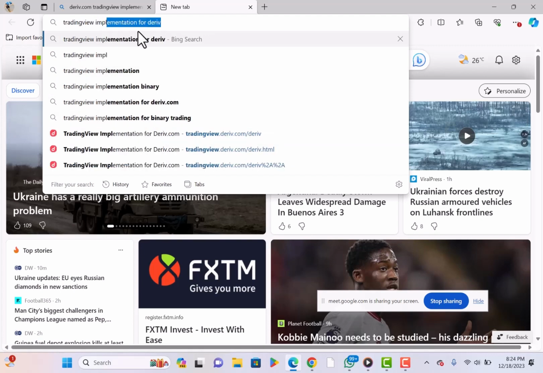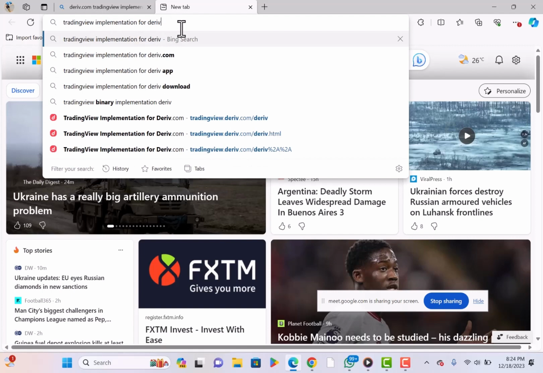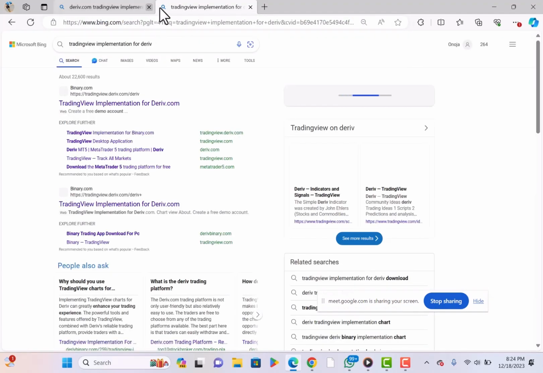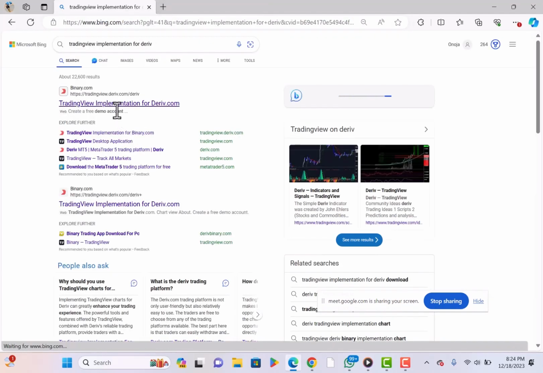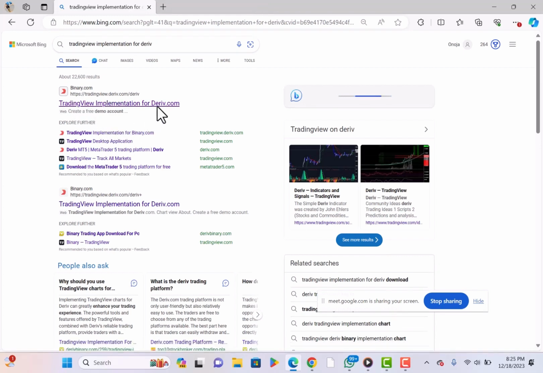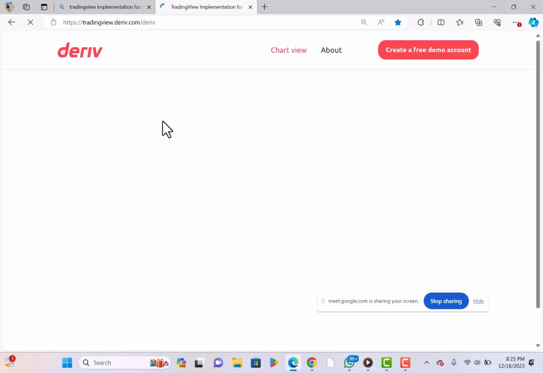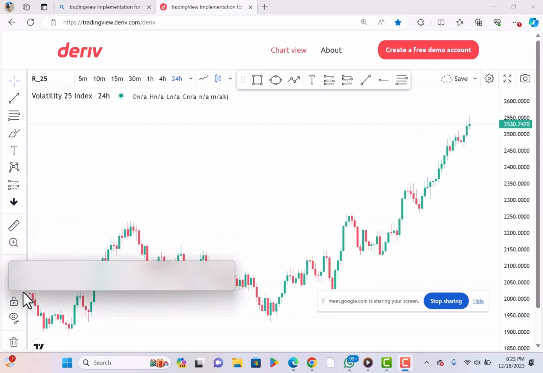Yeah, trading view implementation for deriv.com. All right, and you enter. Okay, so this is what you are going to have. So when you see something like trading view implementation for deriv.com, you just have to click it and you allow the charts to load.